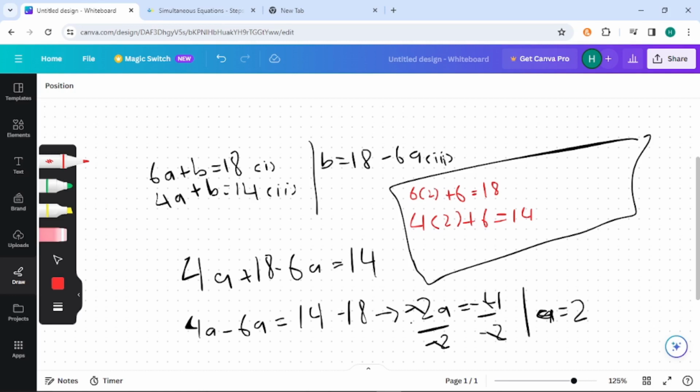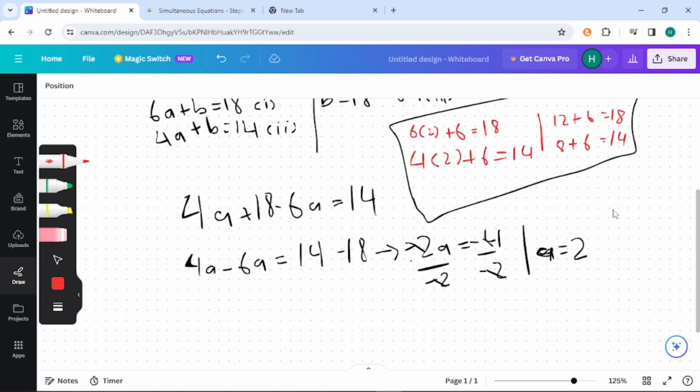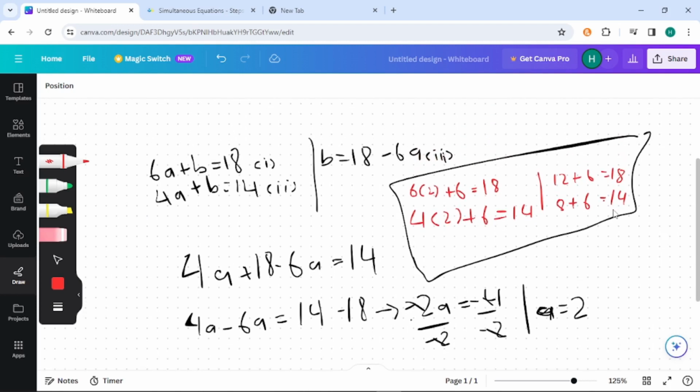So this turns into 12 plus 6 equals 18, and 8 plus 6 equals 14, which is then going to turn into 18 equals 18, and 14 equals 14. So that means the values for a equals 2 and b equals 6 are correct.